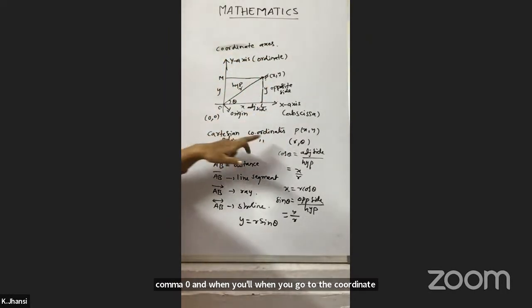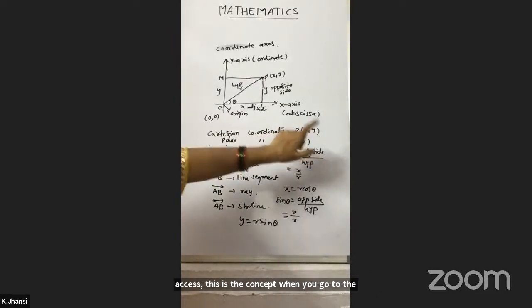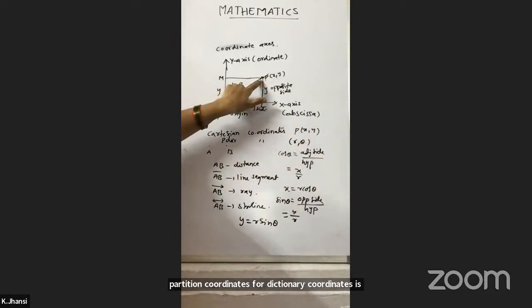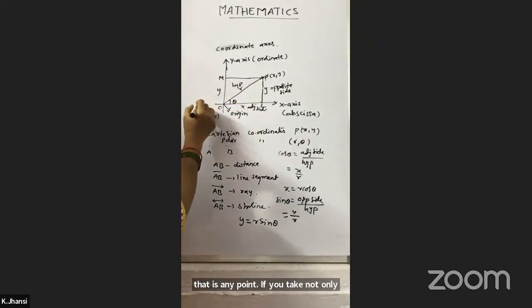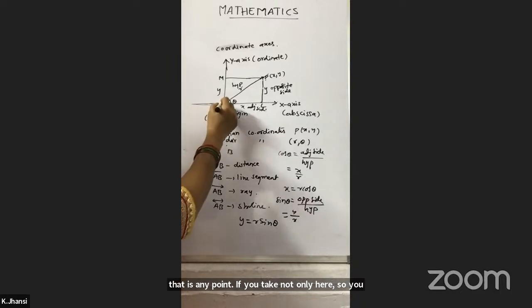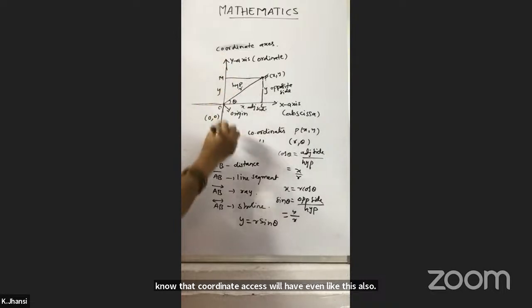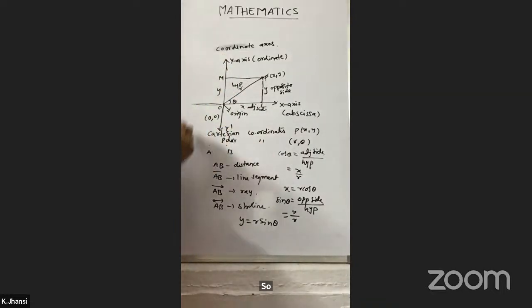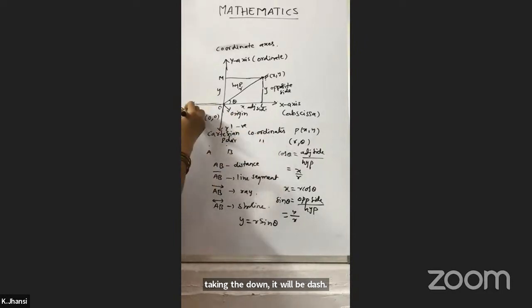When you go to Cartesian coordinates, a point is represented as P of x comma y. Any point you take, not only here. You know that the coordinate axis will have it like this also. The x axis and y axis are positive. If you take down, it will be y dash, and if you take here, it is x dash. These are the negative values we will have.